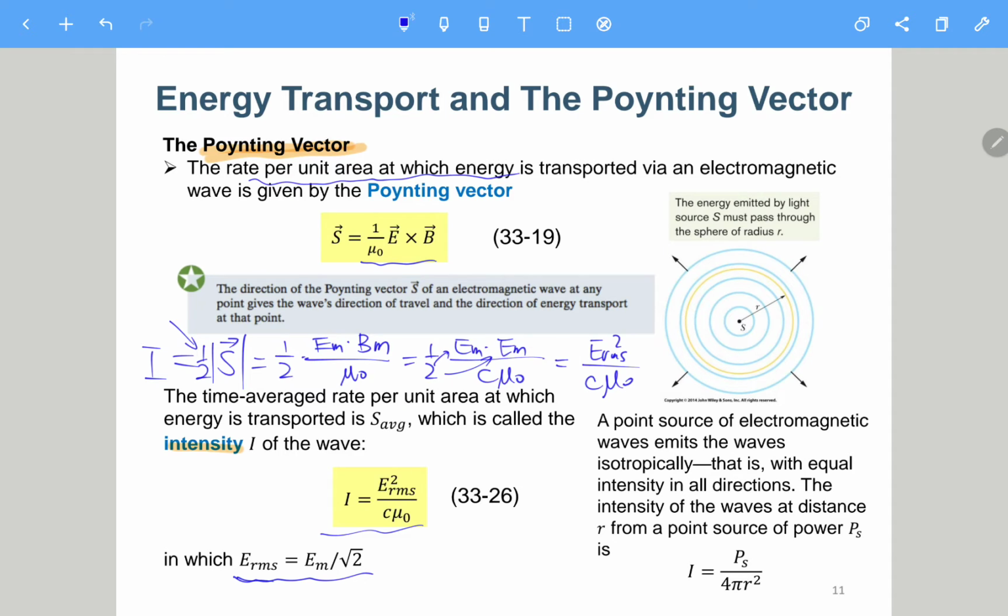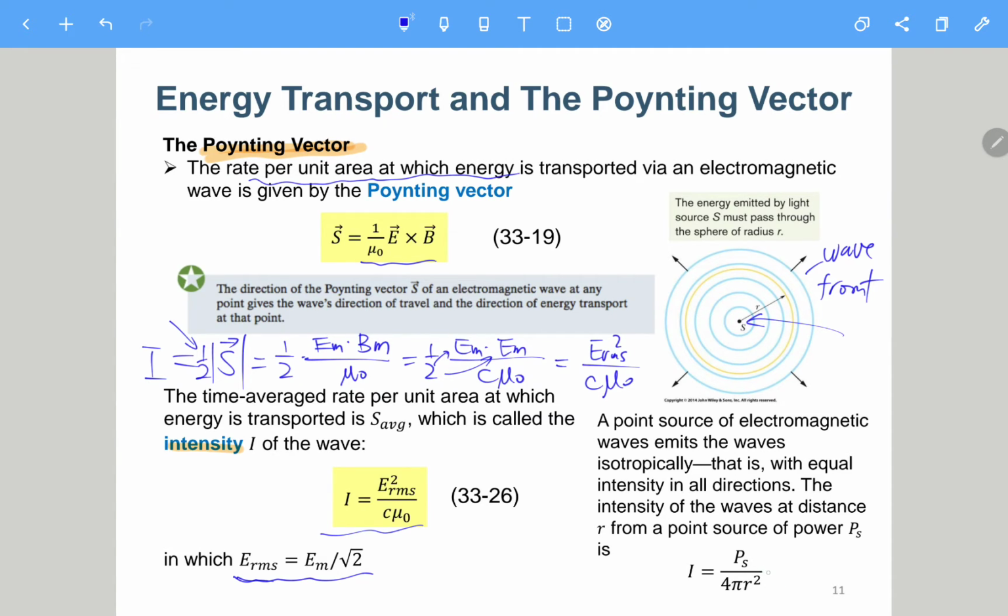And in another way, we can also see that if there is power generated by the source, it will propagate out in a spherical way. Each blue circle specifies a wavefront of the EM wave. As it transmits the power PS, every wavefront is a sphere.